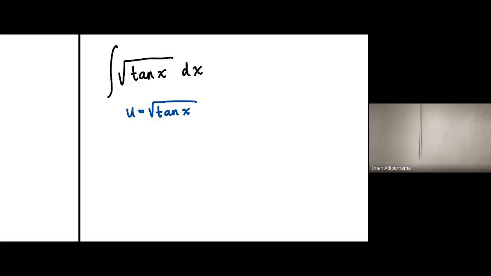So let's square it: let the square root of tangent x be u, so tangent x is u squared. Now it's simpler, right? We differentiate u squared to get 2u du, and tangent x becomes secant squared dx. So let's just write that first.